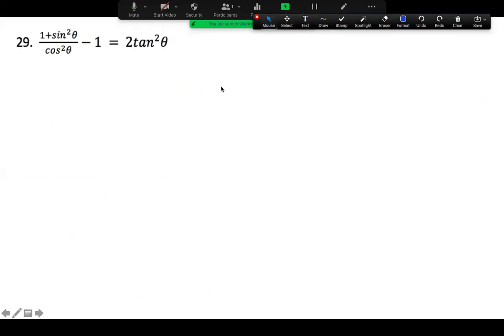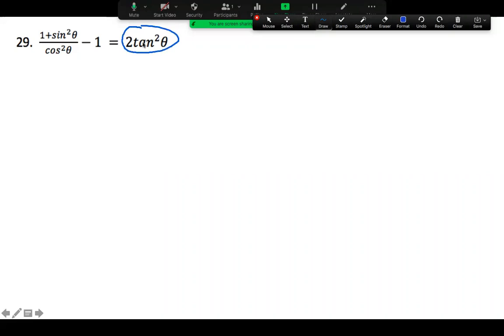And 29. This is the last one on this assignment that involves verifying trigonometric identities. Okay, so in number 29, we have 1 plus sine squared theta over cosine squared theta -1. That has to end up looking like 2 tangent squared theta.